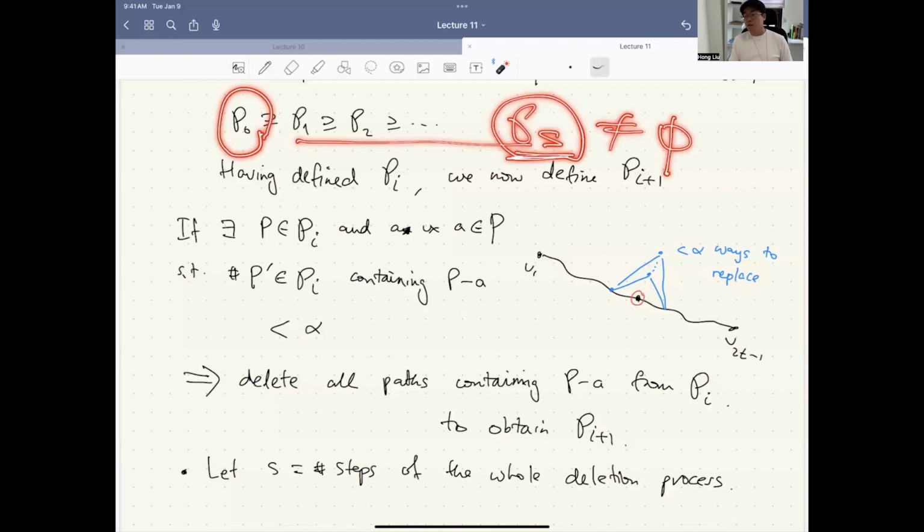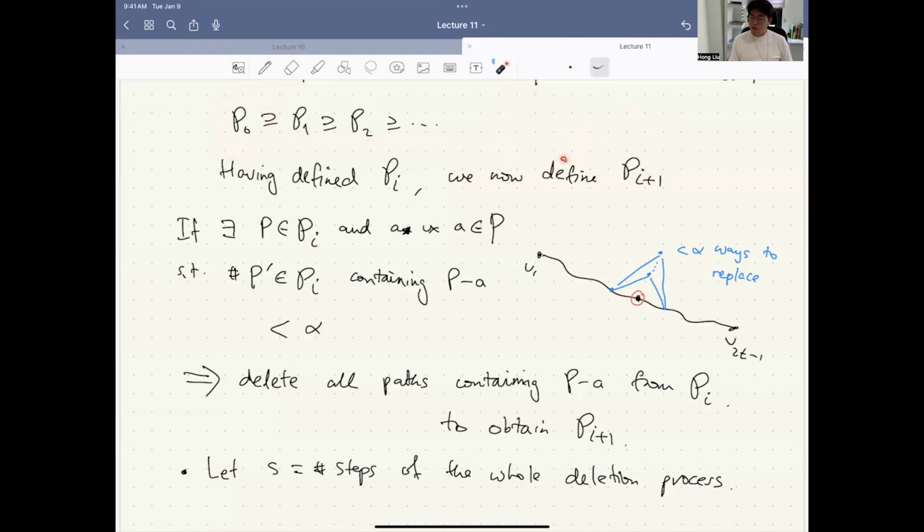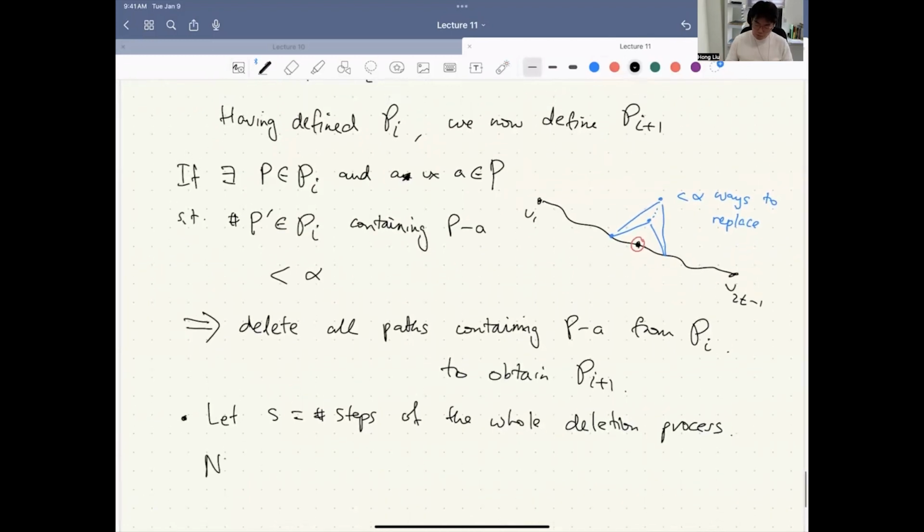If there's no path at all left, we cannot build anything. So as long as the final collection P_S is not empty, we are done. We need to show the final collection P_S is non-empty.